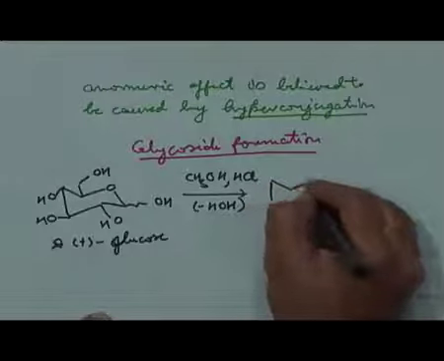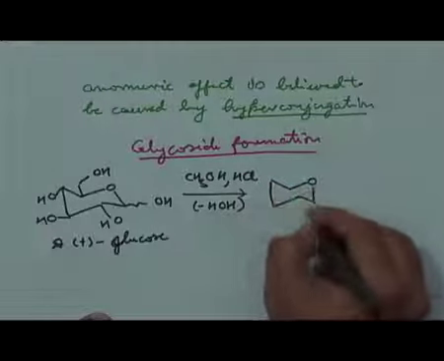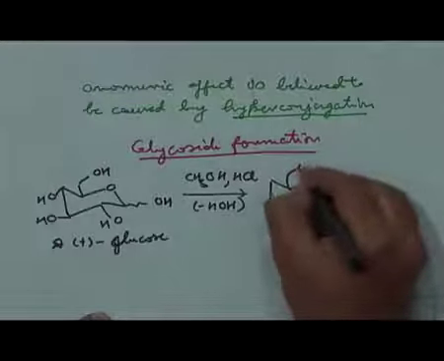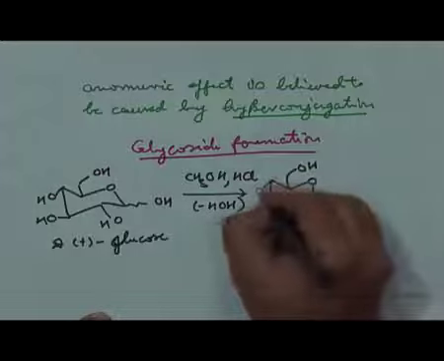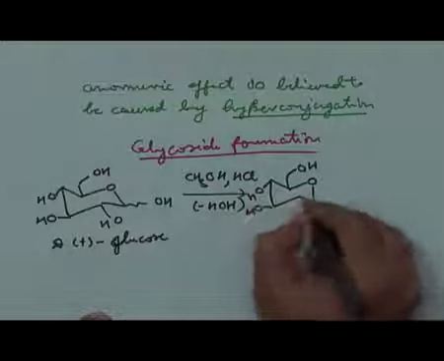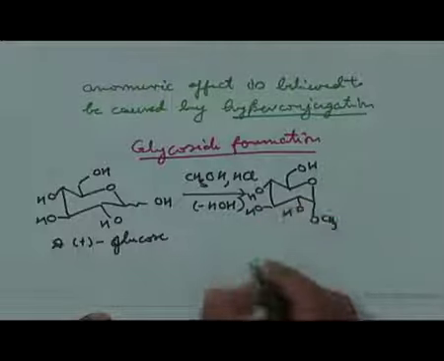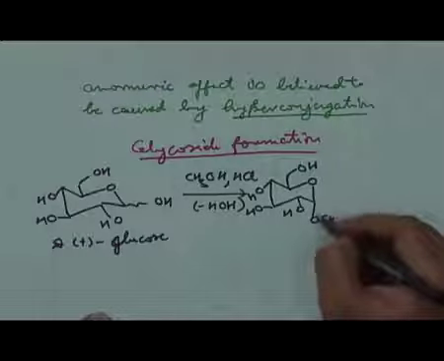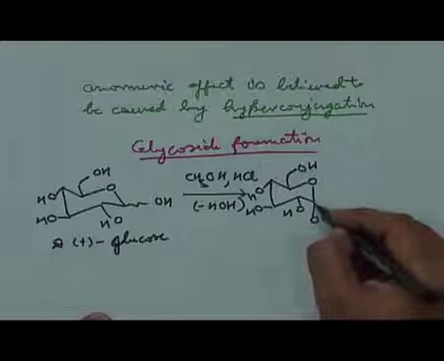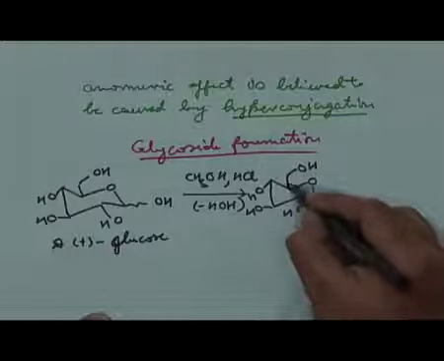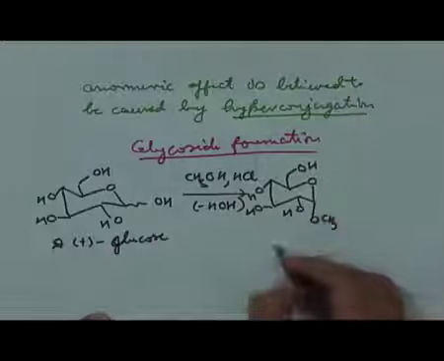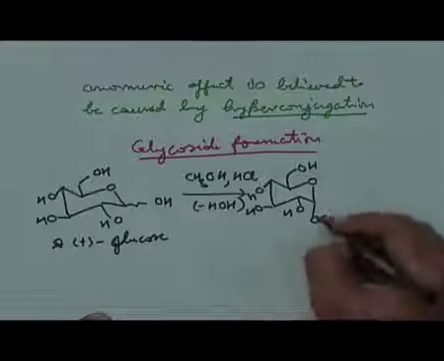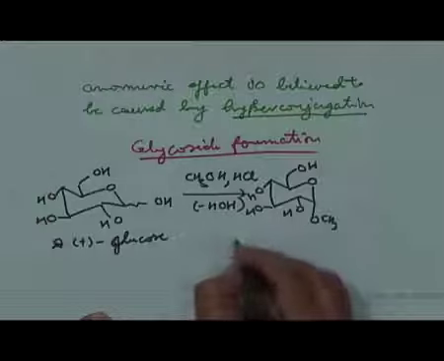Let me draw the structure first. Two glucopyranosides form. So, this is methyl alpha D-glucopyranoside. Again, here the orientation at the anomeric carbon and the CH2OH group will define the type of glucopyranoside. Since here it is on the opposite side, it becomes the alpha one.